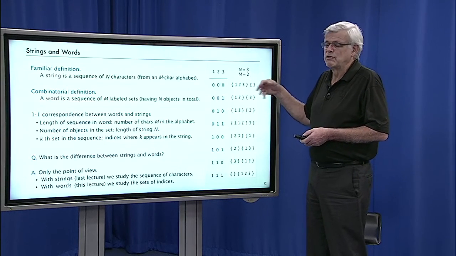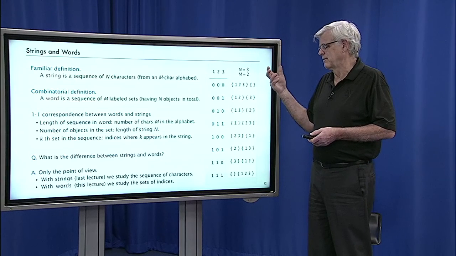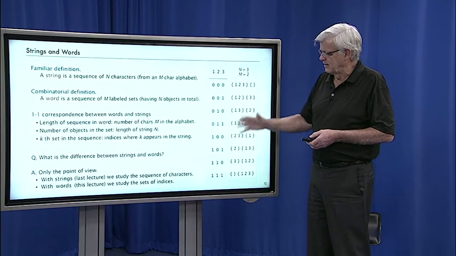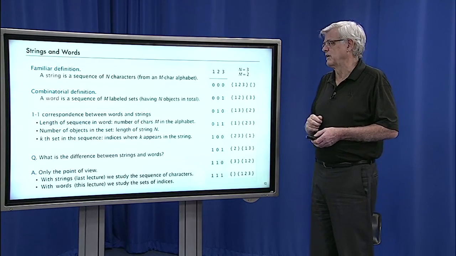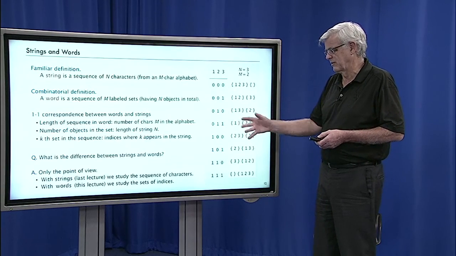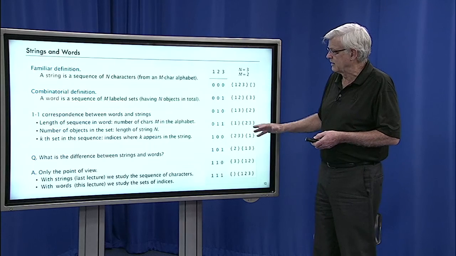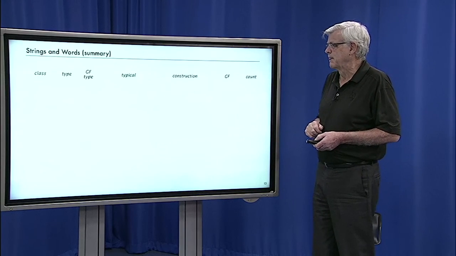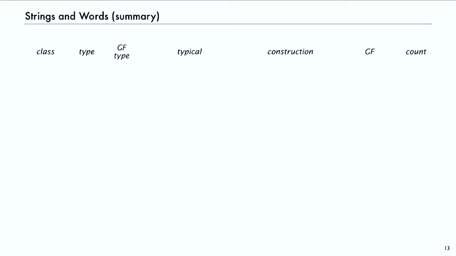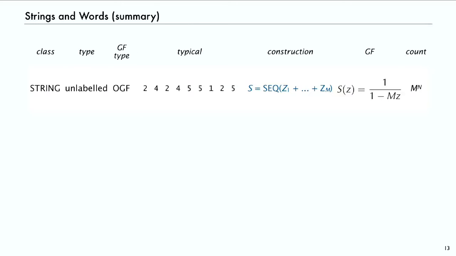With strings, we were using OGFs to enumerate. With words, we're going to use EGFs. So that's a difference in point of view and a difference in technique that we use to analyze variations. So again, here's just a summary for strings, which we considered last time. Consider them as unlabeled objects. We used OGFs to enumerate them. A typical string is just a sequence of characters, so the OGF is 1 over 1 minus mz.